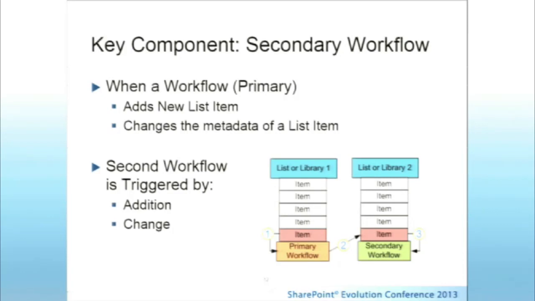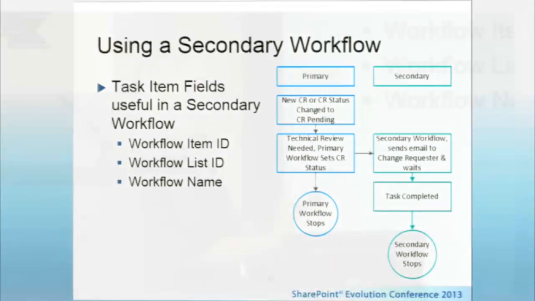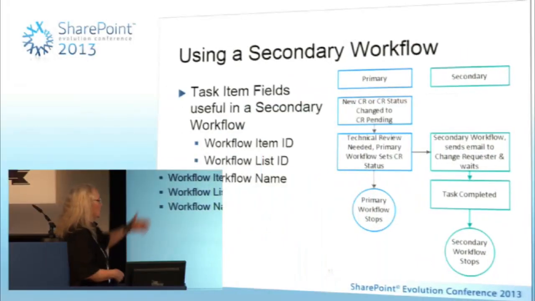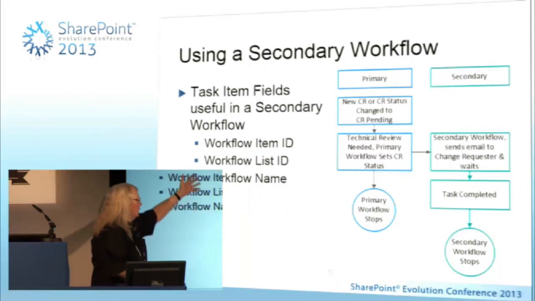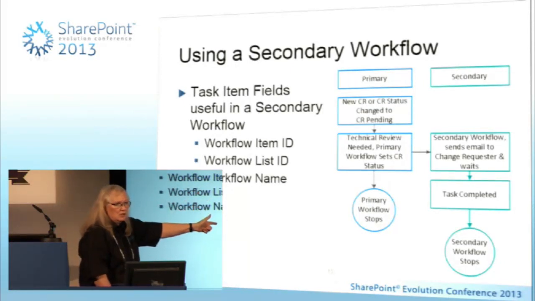The secondary workflow looks after it if we need more information, and that one only gets triggered if the CR status column has a value of feedback required. So you have to define your two workflows. The primary one goes until it's happy. If we need additional information, the first one stops and then the second one goes ahead.